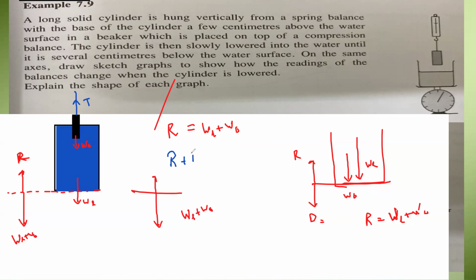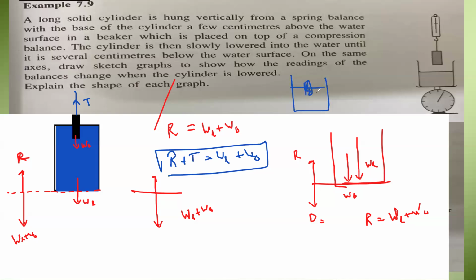R plus T is equal to the weight of a liquid plus the weight of the object. That will be the equation we will use. So two different scenarios: this is when the object is floating without a string, and this is when the object is floating with a string.